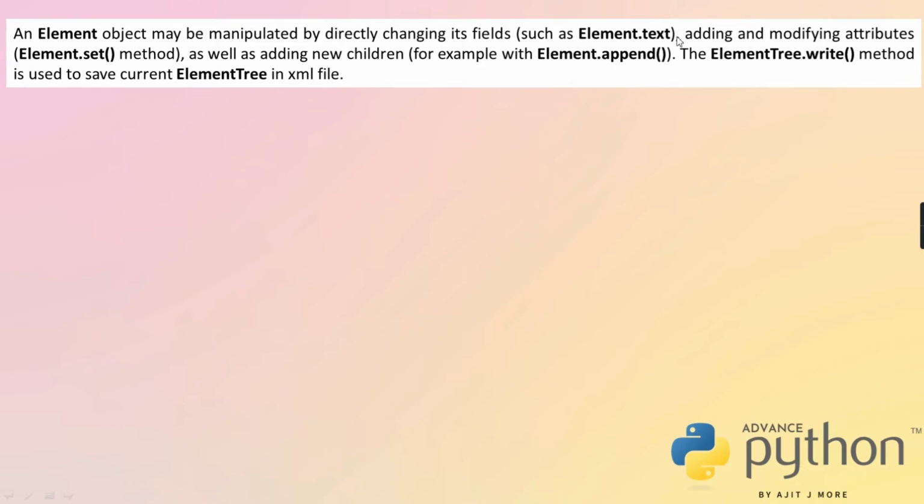So this part is saying that any element you have, you can assign new text to that element's text property. So the text content can change. Second, if you have an element and you want to add a new attribute, or modify an attribute, then call the set method.